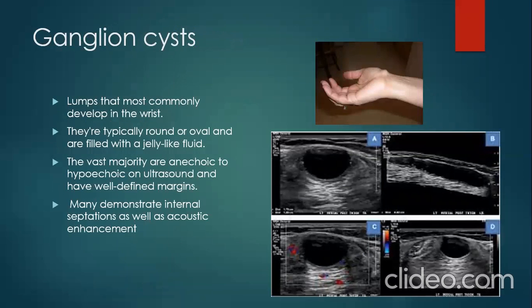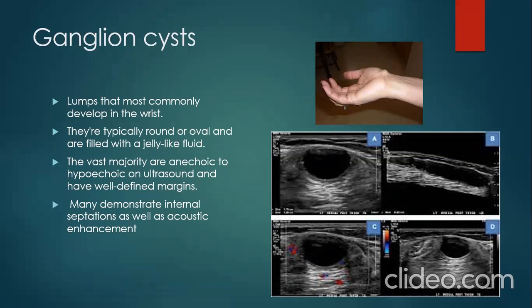So moving on to our first benign lesion, as I mentioned earlier, this is the ganglion cyst, the most common, and most commonly seen in the wrist. Typically they're round or oval, and they contain jelly-like fluid. Because of this, we expect them to be anechoic on ultrasound.